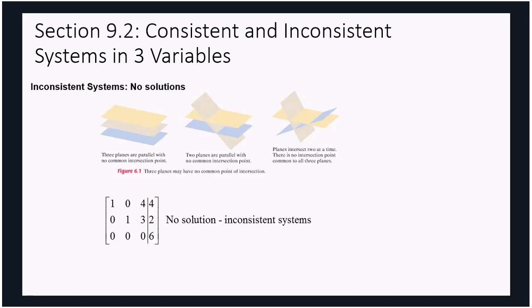That's going to be the sign that we are dealing with three equations where they don't all match up at one place. So we have no solution. So if you ever get a matrix where you have a row of all zeros equaling something other than 0, then that's going to be no solution. So that's an example of a matrix that is showing an inconsistent system.